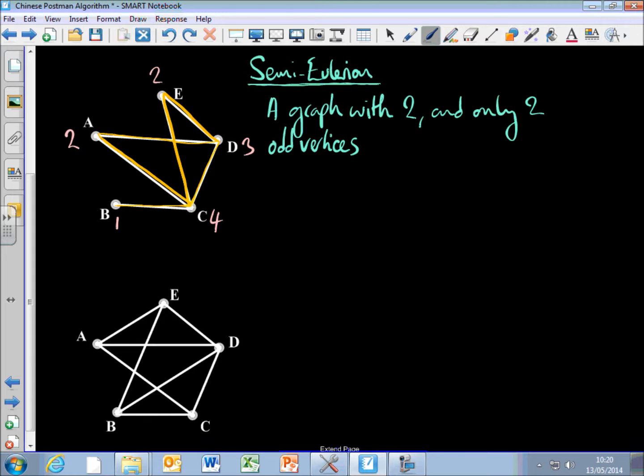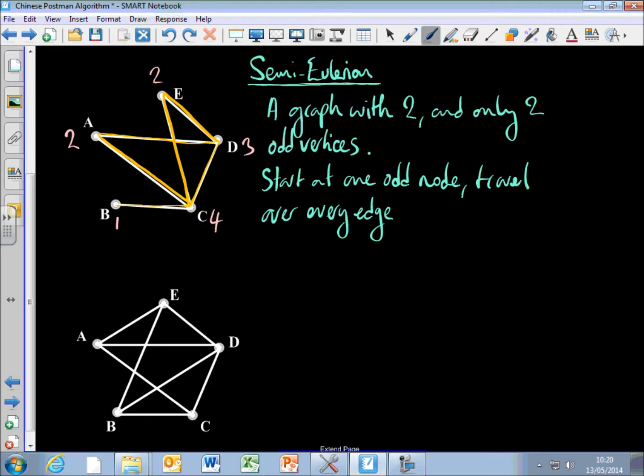And it's impossible to start at a node and go over every edge and get back to where I started, but I can start at one odd node, travel over every edge, and finish at the other odd node.